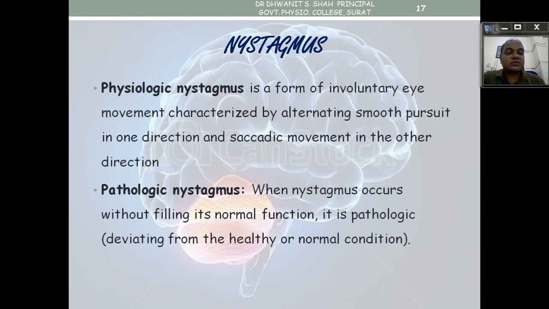Next, nystagmus we saw, a form of involuntary eye movements. When you move the eyes from one side to the other, immediately there will be mild nystagmus in normal persons; it is called physiological nystagmus. But when the nystagmus occurs without the eye returning to its normal function, the eye is moving on both sides but is not able to come back to normal position quickly or within time; that is called pathological nystagmus.